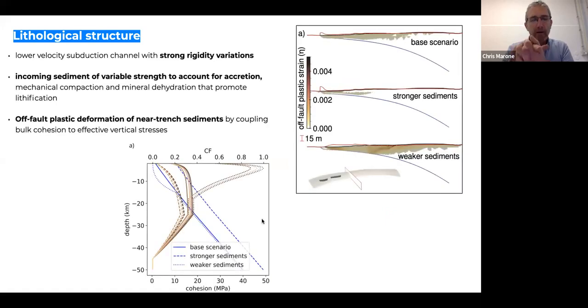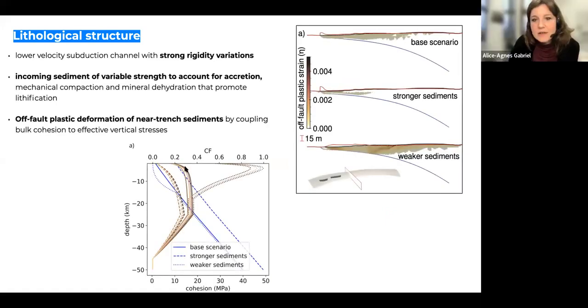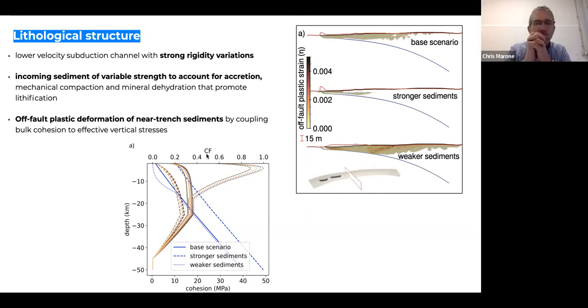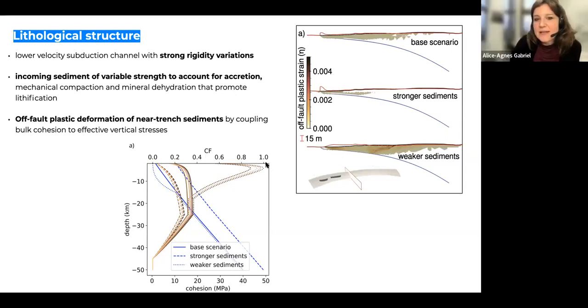Here? Yeah. So this is not what's happening on the fault, but really how we describe the strength of the off-fault bulk in these models of the sediments. So this is CF, closeness to failure, a quantity that's been established by Templeton and Rice. If you're at 1, you're basically at failure.